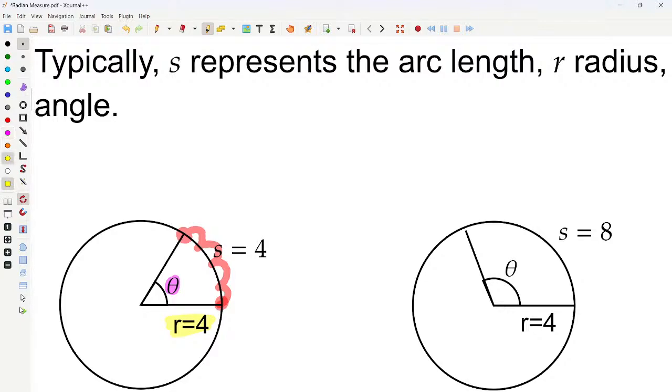Similarly, imagine a radius of 4, but I took not 4 steps, but I did 2 groups of radius. 1, 2, 3, 4, 5, 6, 7, 8. This angle right here is called 2 radians.